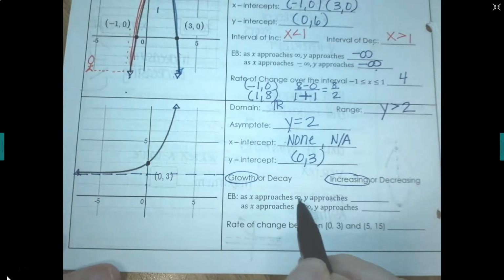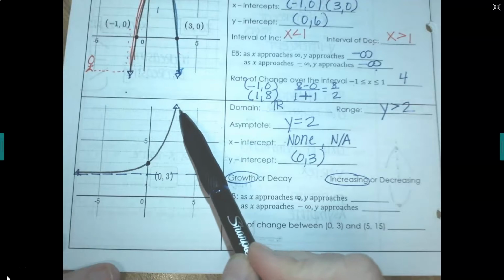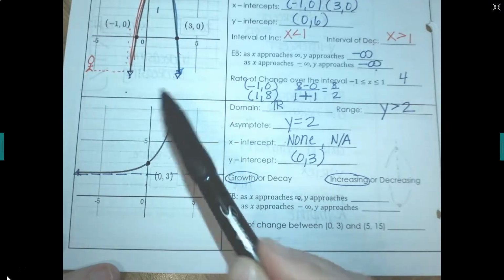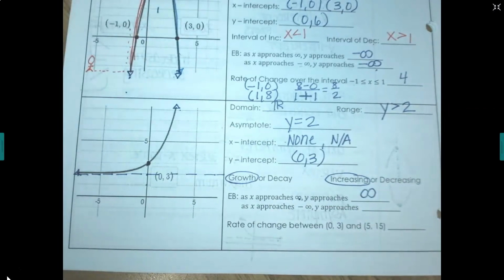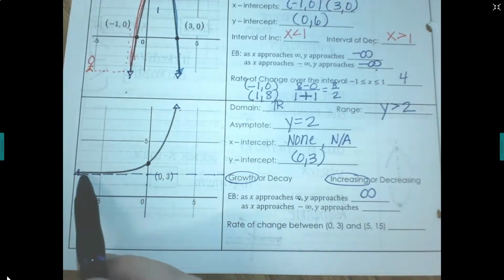And now let's look at the end behaviors. As the x approaches positive infinity, so as the x values are getting bigger, meaning on the right-hand side, where are your y values going? The right-hand side is going up forever, so it's heading towards where y's are positive infinity. On the left-hand side, where x's are approaching negative infinity, meaning where x's are getting smaller, you see how it's riding along this asymptote.